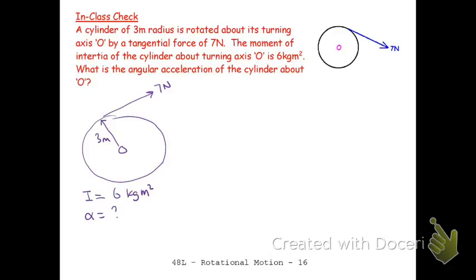It's very uncomfortable because everything's like new letters and new terms. I was very uncomfortable with the moment of inertia. First of all, the letter wasn't an M. It was I, moment of inertia.